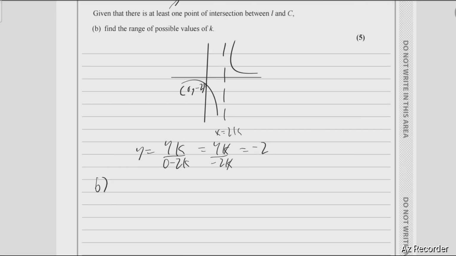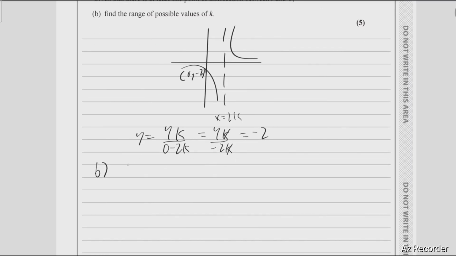B. We're just going to make them equal. 6 minus 2x equals 4k over x minus 2k.